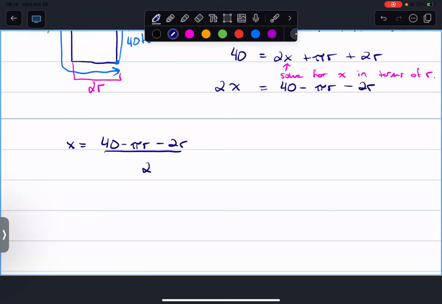And like I said, if you prefer to collect like terms, because pi is just a number and 2 is just a number, I can pull out that common r if you want to. Sure. I'll do it in light blue because it's kind of optional here. 40 minus r times pi plus 2, because I pulled out a common negative r, and then divided by 2.